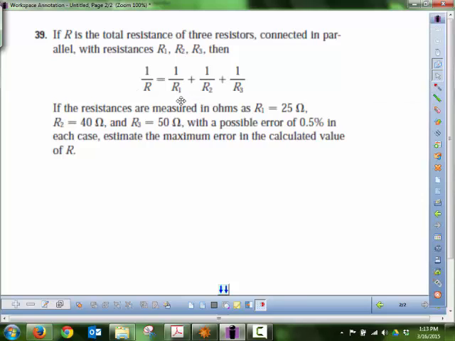So your variables are R1, R2, and R3, and then your actual function is R. Now the unfortunate thing here is that they're all in the denominators. And so I hope that you don't just take the reciprocal of everything, because that's not how it's going to work. You want to find R as a function of those other resistors.